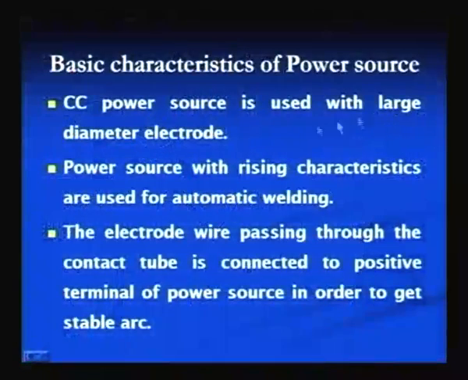So, here in this slide we can see that constant voltage power sources are used with the large diameter electrodes, constant current power sources are used with the large diameter electrodes, rising characteristic power sources are used for the automatic welding, and the small diameter electrodes are used with the constant voltage power sources to get the benefit of the self regulating arc.